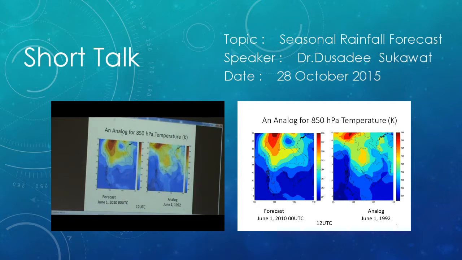I think one reason is that the resolution of the observed data and the forecast data is not high enough. Another factor is how you optimize the area that you look at for the analog. That's another issue, another project. So a lot of questions. Okay.